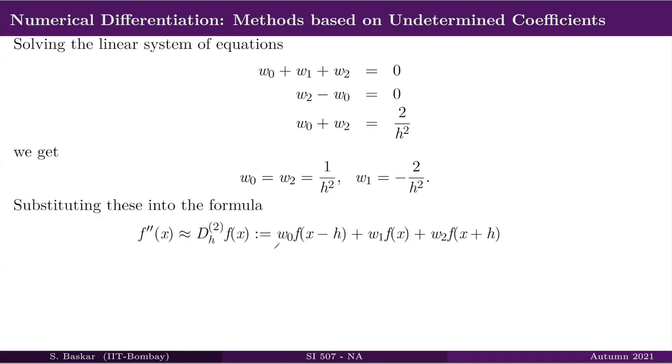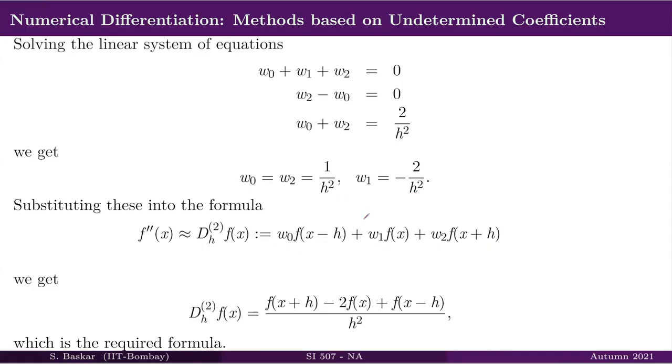Go back to the general form of the finite difference formula, plug in all these values and simplify, and you finally get the central difference formula for the second derivative of the function f evaluated at the point x.